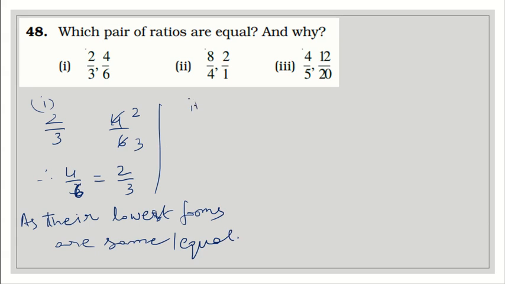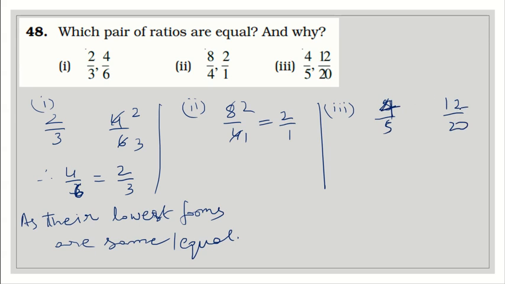Now moving on to the second pair, 8 by 4. If I cancel, 4 ones are 4, 4 twos are 8, it becomes 2 by 1. So they are equal. And when it comes to the third, 4 by 5 and 12 by 20, if I simplify with the help of 4 threes are 12, 4 fives are 20, so 4 by 5 and 3 by 5, they are not equal.